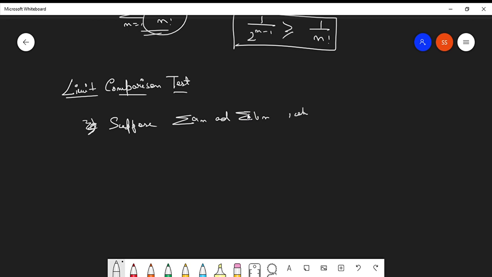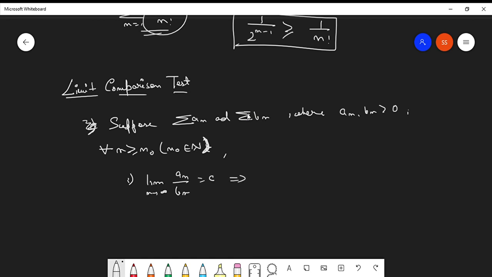where an and bn both are positive terms for all n greater than or equal to n naught, where n naught belongs to the natural numbers. The first point says limit n tends to infinity an over bn is equal to c, which is greater than 0.